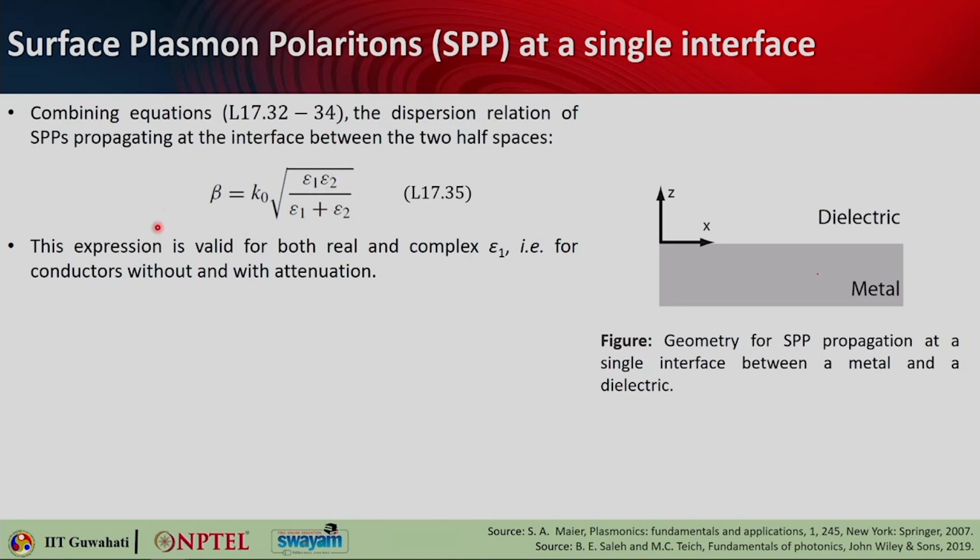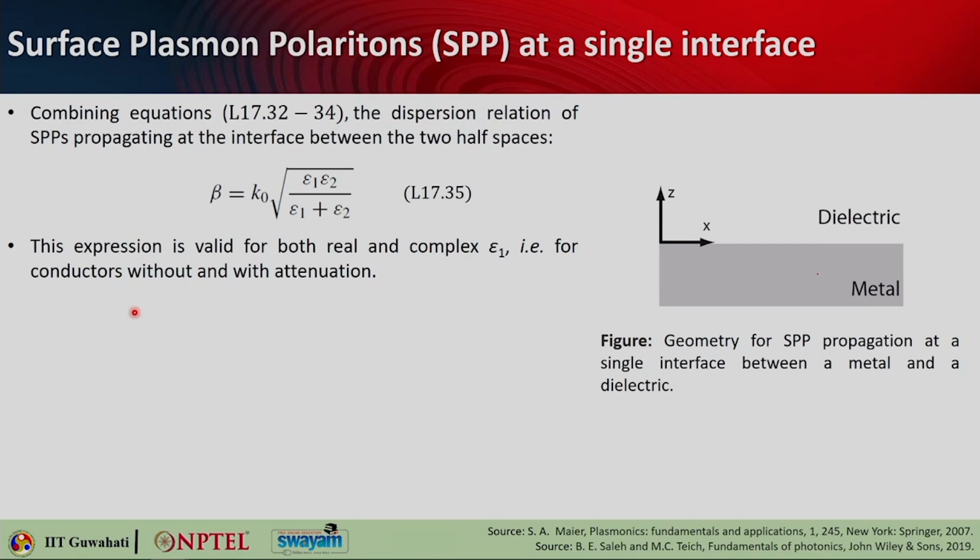So you actually get the omega k relationship, that is the dispersion relation for SPPs propagating along this particular interface, which is in the x direction. Now, this expression is valid for both real and complex epsilon 1, that is for conductors with or without attenuation.